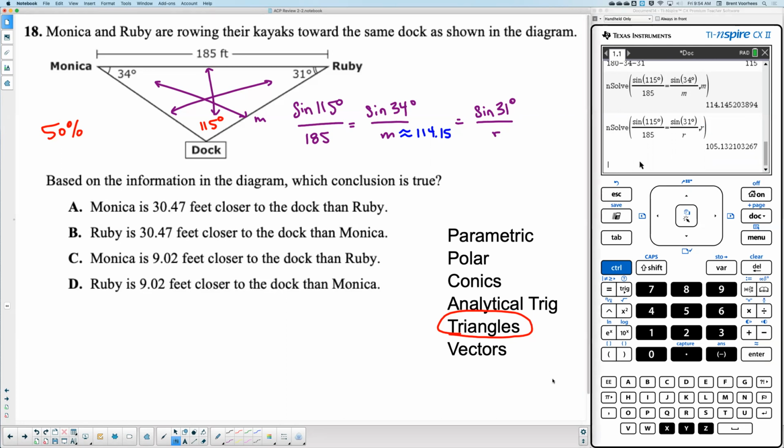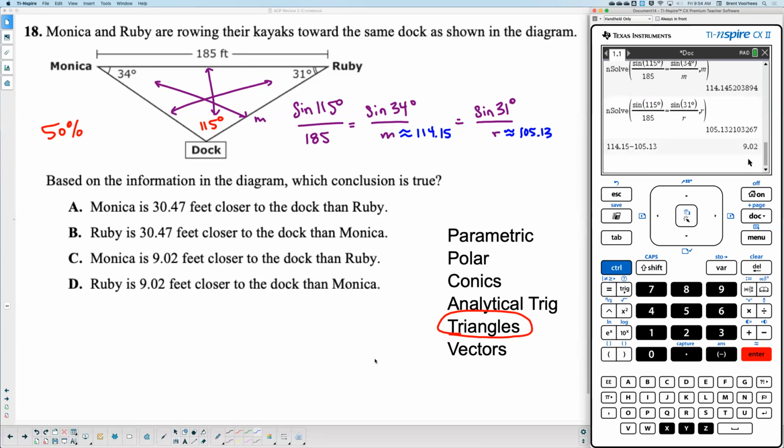105.13. Okay, so now we're saying Ruby is 105.13. Okay, so we need to know which one is closer. So we'll subtract here. It's 114.15 minus 105.13.